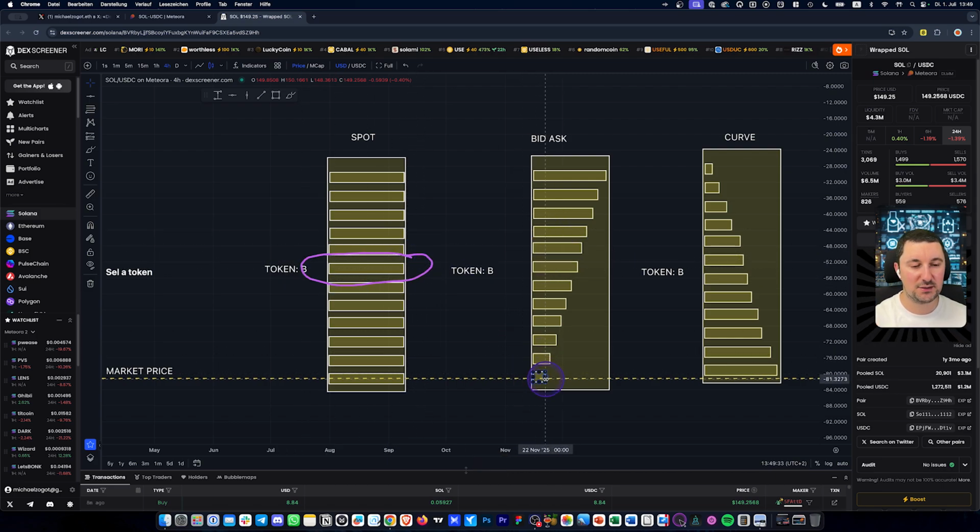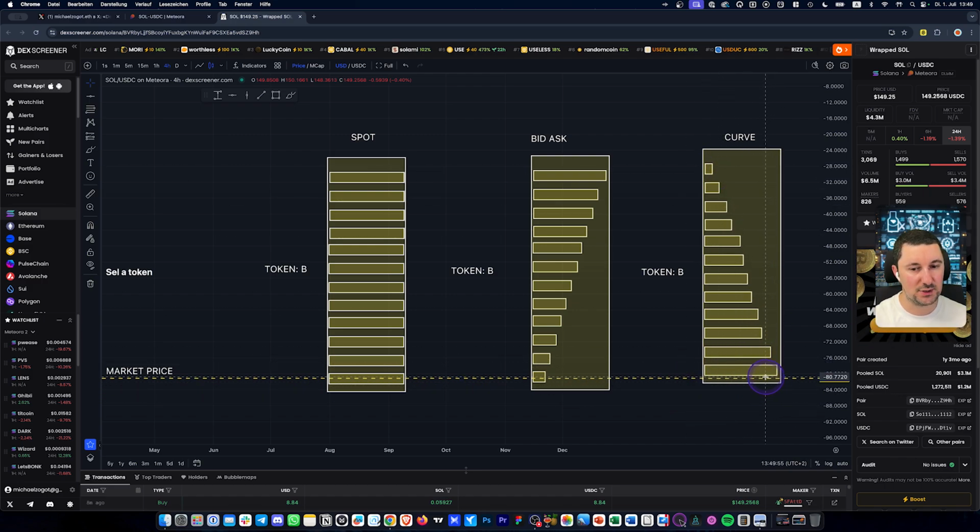With a bid-ask, you sell less of your token and use less liquidity to earn fees at the lowest price, around the market price, and you sell or earn the most in the upper range. And the curve is the exact opposite.